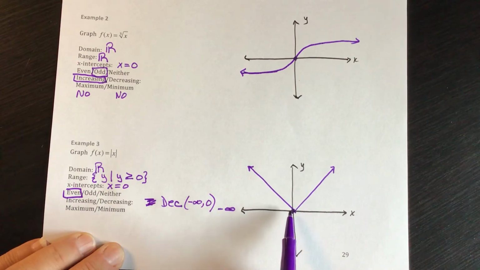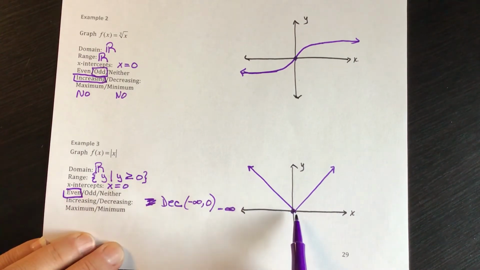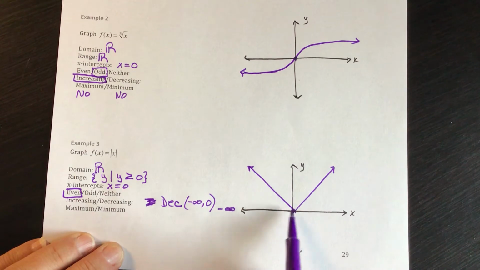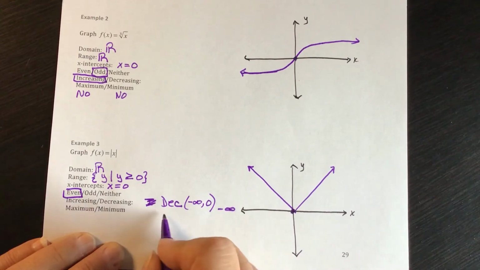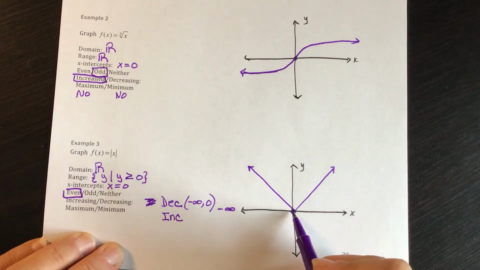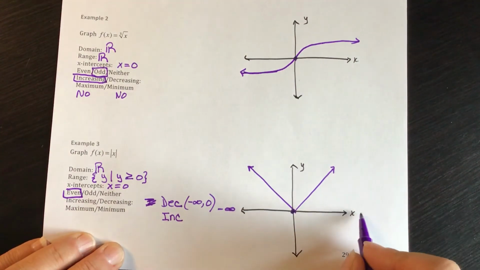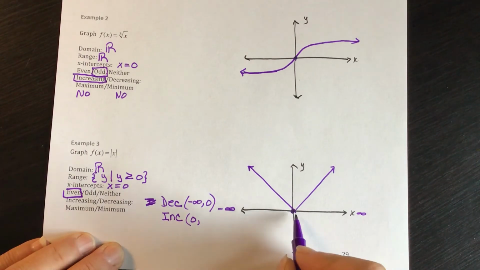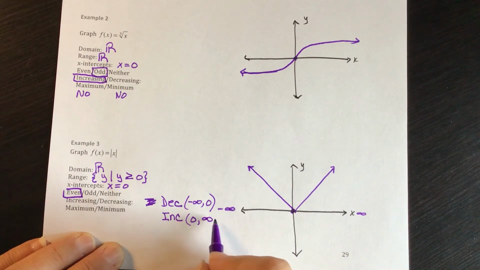And we don't include a vertex or a maximum or a minimum value as included in the decreasing. That's where it's changing directions. But we do know that it's going to increase from 0 to positive infinity. So this would start at 0, not including 0, and go to infinity.